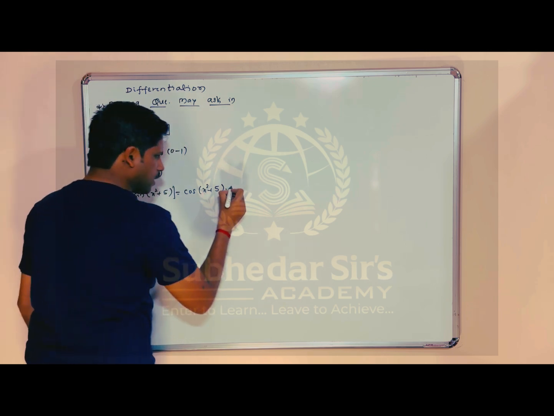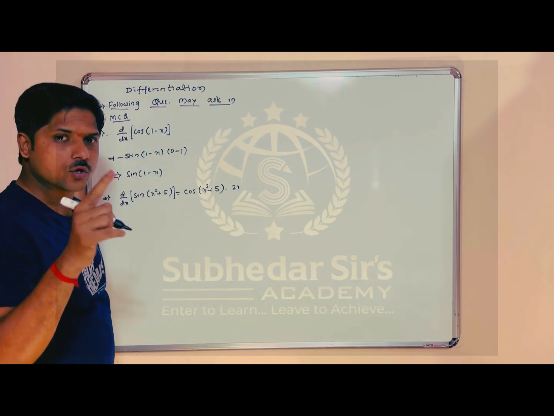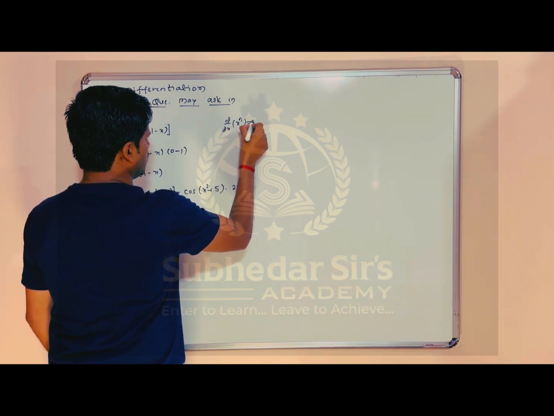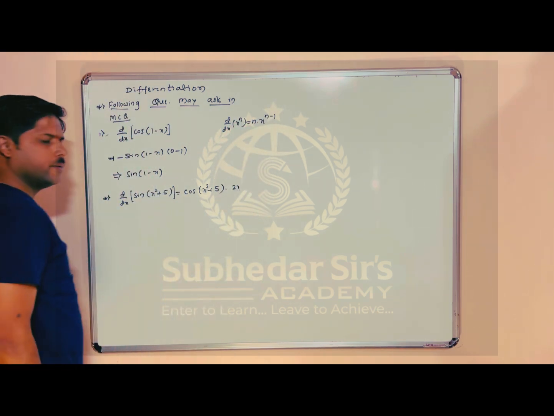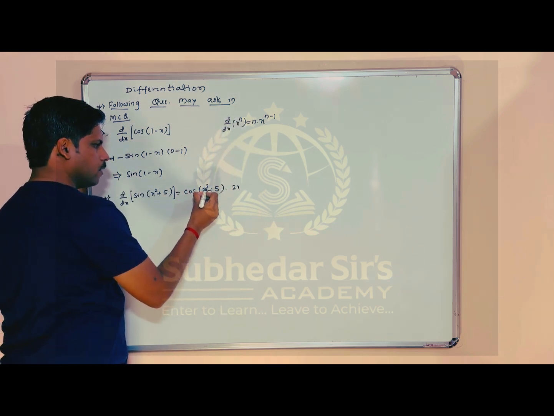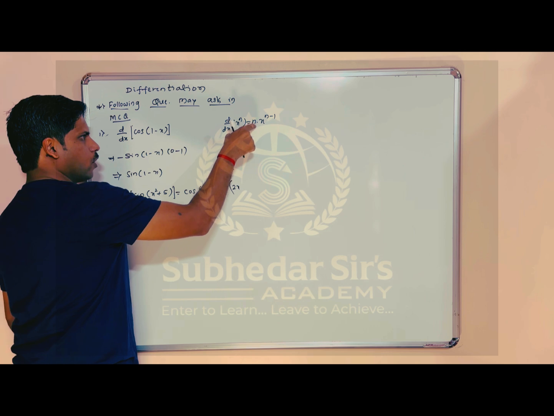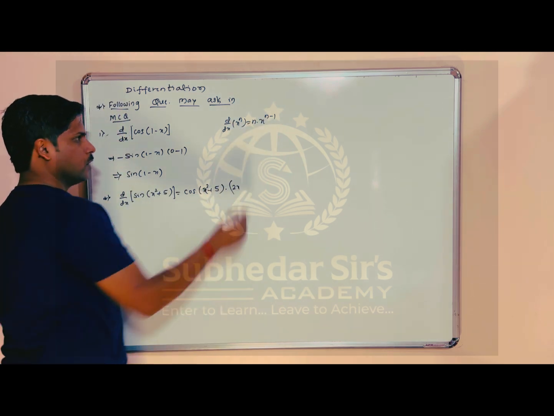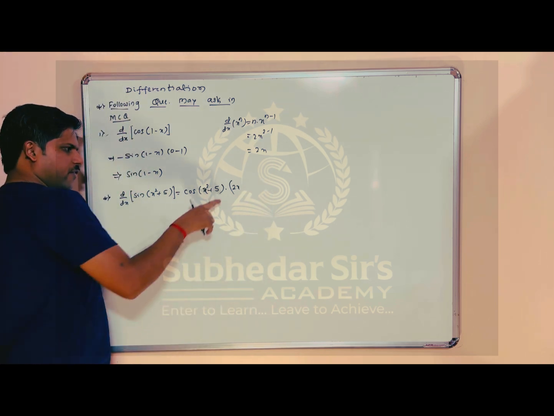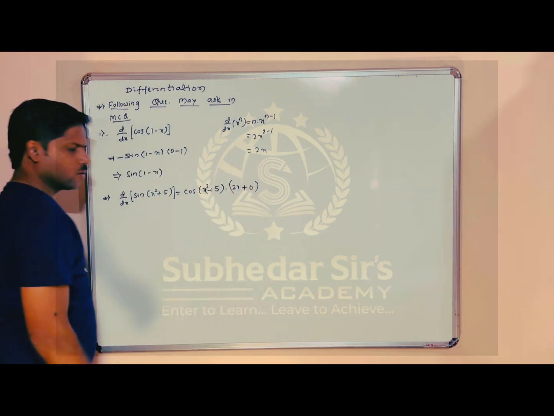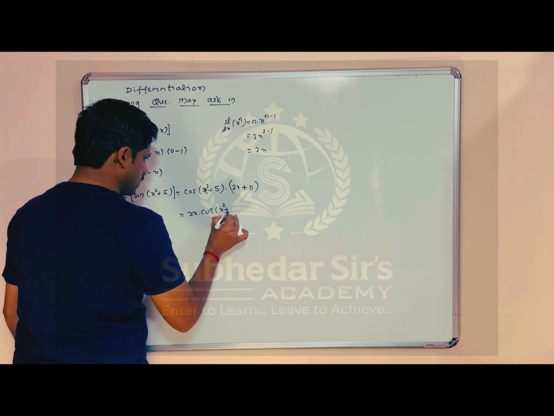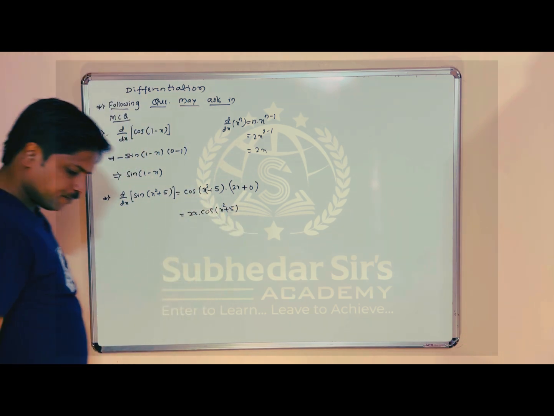X square differentiation is 2x because by applying the formula d by dx of x to the power n is equal to n into x to the power n minus 1, here n is equal to 2, so therefore 2 into x to the power 2 minus 1, that is 2x only. Here 5 is constant, differentiation is 0. So the answer is 2x into cos of x square plus 5. Right? Note it down.